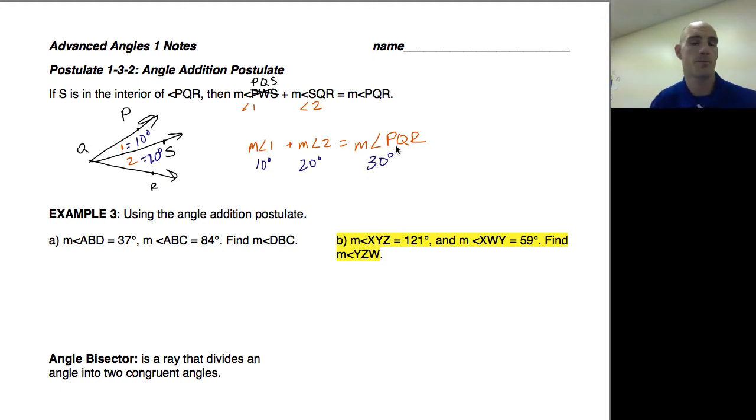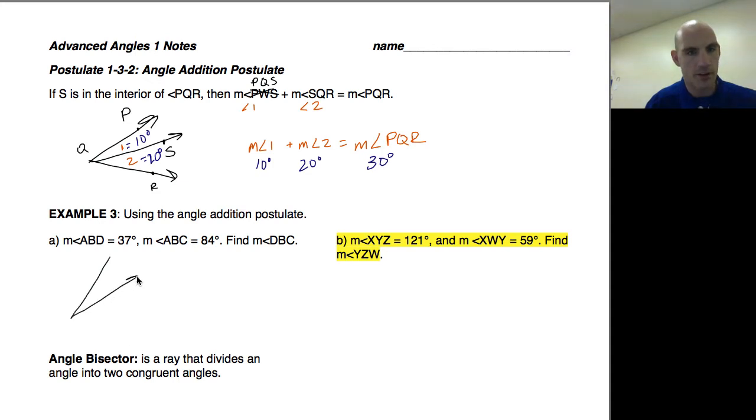Not too surprising there. The trick is going to be drawing that picture correctly. Let's practice that in example 3. In example 3 it says the measure of ABD is 37, the measure of ABC is 84, find the measure of DBC. We need to see how all these things fit together. If we're truly going to be using the angle addition postulate, let's think about this for a second.